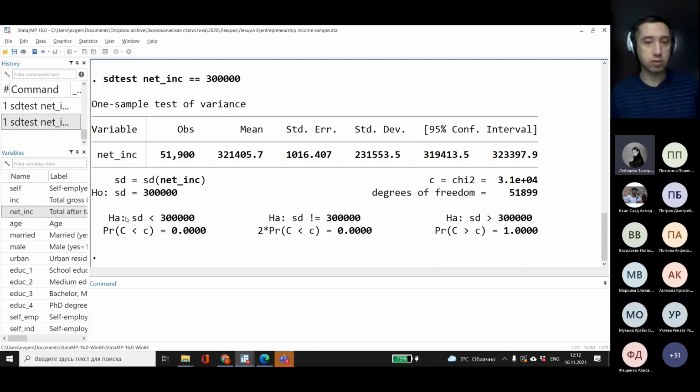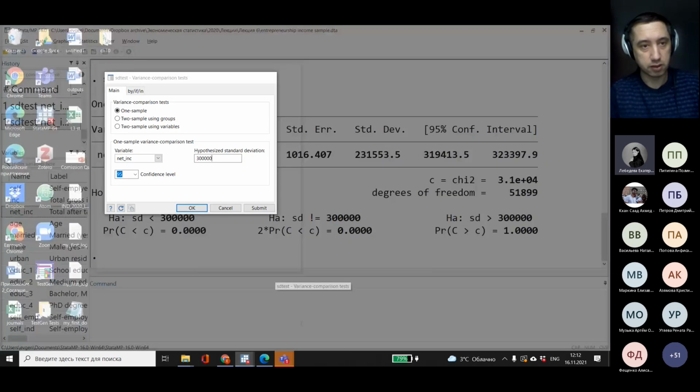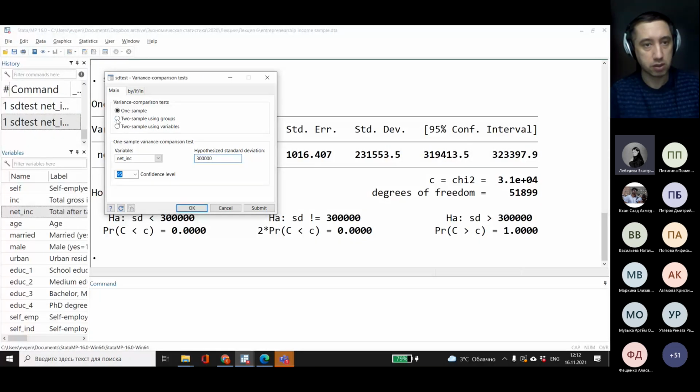To compare two variances, we should slightly change this interface. We should use two sample using groups, and enter the variable name. It is our response variable, for instance net income, and the group variable, which is self. Confidence level is as usual, and click submit.